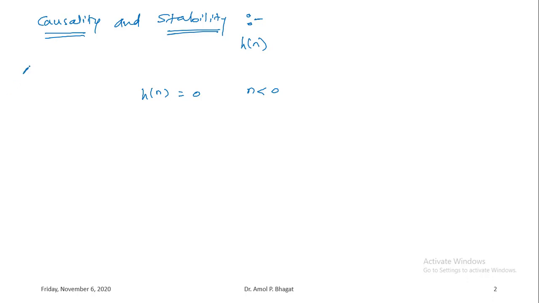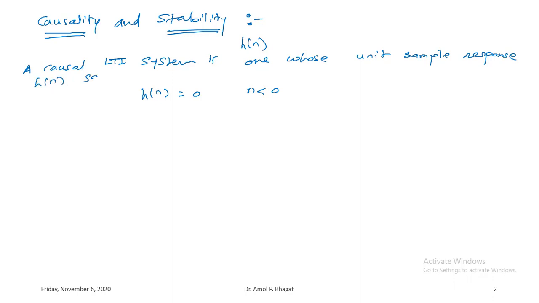So the causal LTI system is one whose unit impulse response or sample response h of n satisfies the condition h of n is equal to 0 for negative values of n, right?